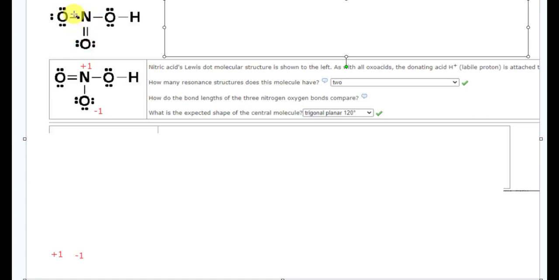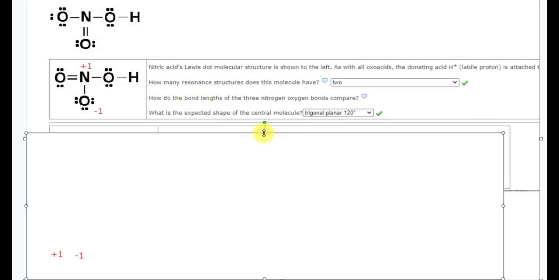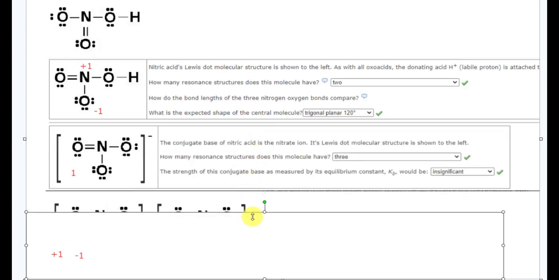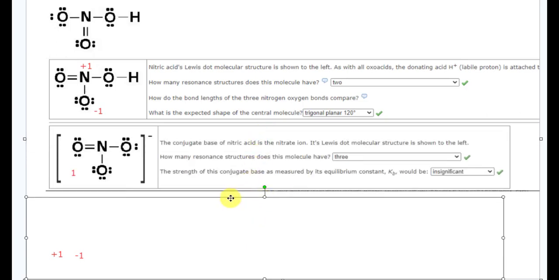So we'd expect these two oxygens to have a relatively short, identical bond length, and then a longer one here for the single bond. Okay, that's our nitric acid.